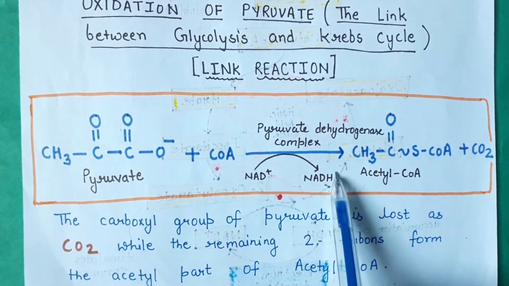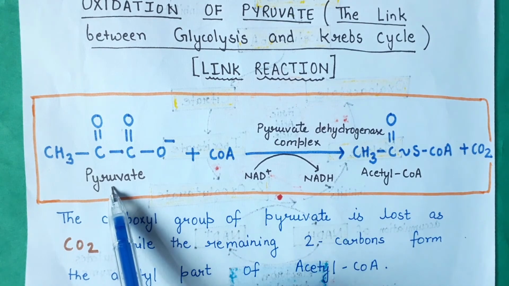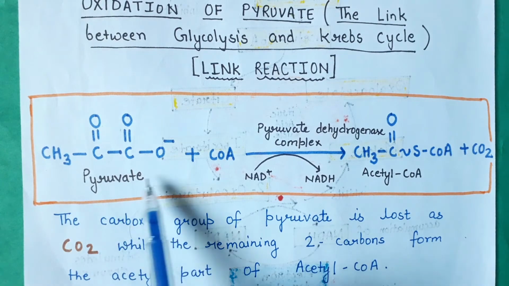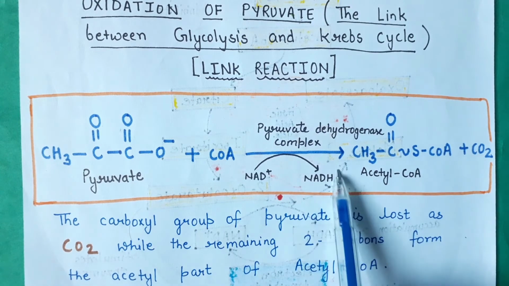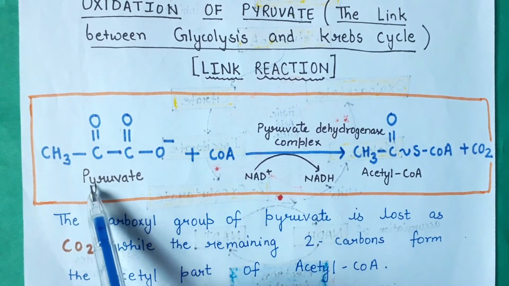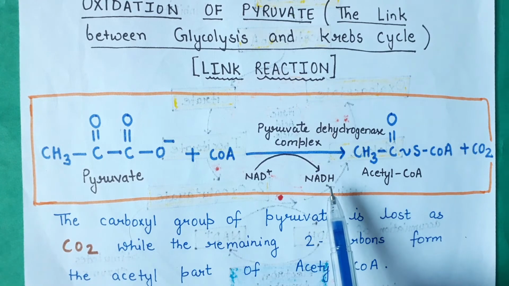So we get one molecule of NADH from the oxidation of one molecule of pyruvate. As we know there are two molecules of pyruvate from glycolysis, therefore we will get 2 NADH from 2 molecules of pyruvate.